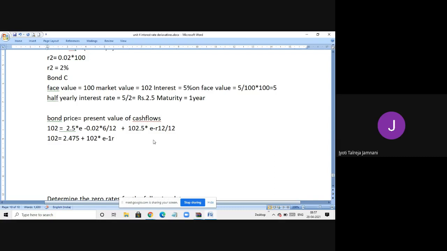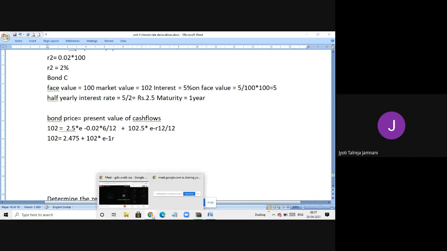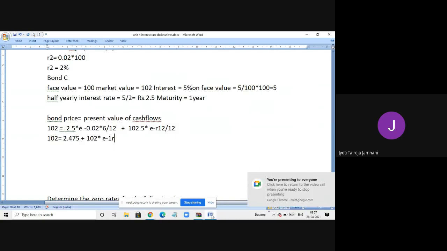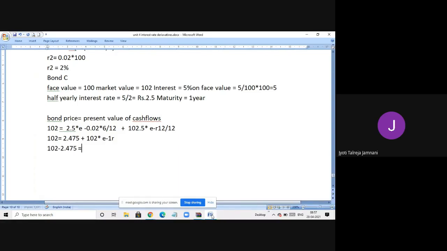All of you are getting 2.475? Yes, ma'am. Hope there are no doubts and I'm clearly audible. Now 2.475, we'll take it to that side, so it will become 102 minus 2.475, which is equal to 102 into e raised to minus 1r.